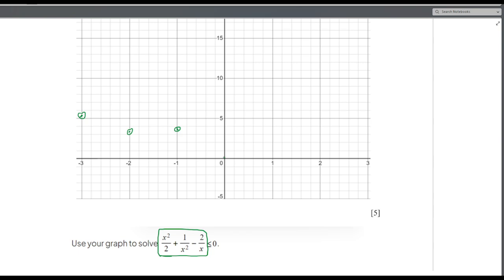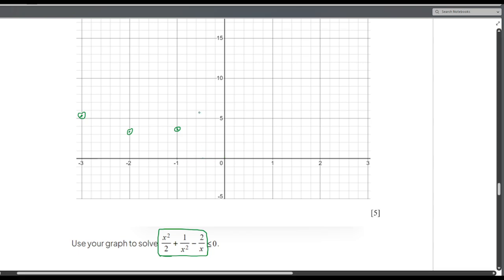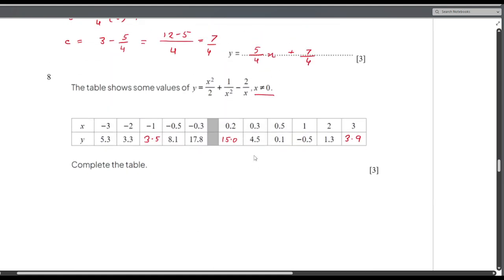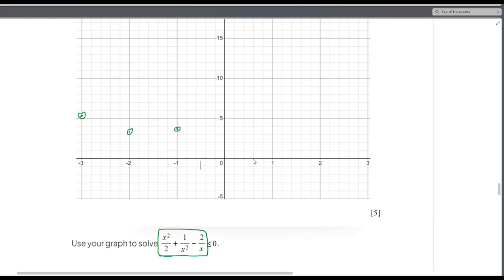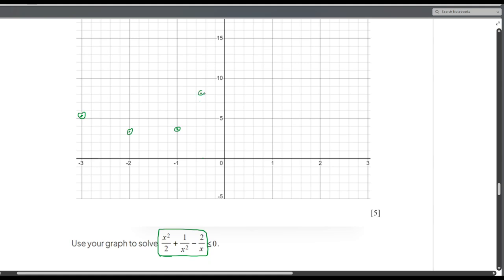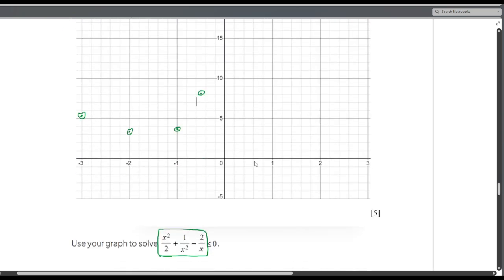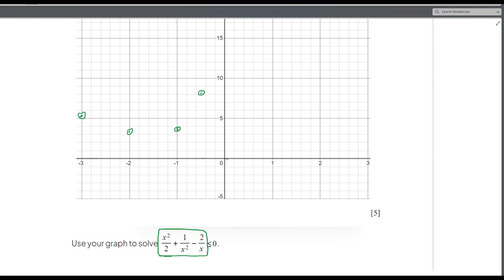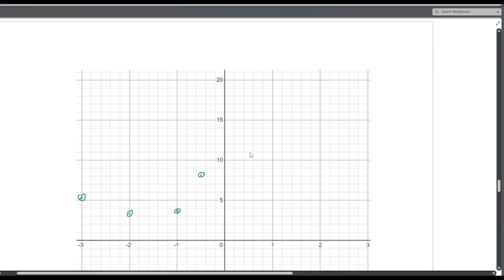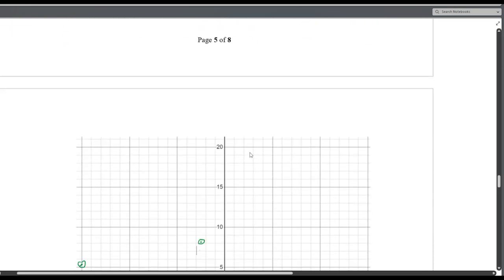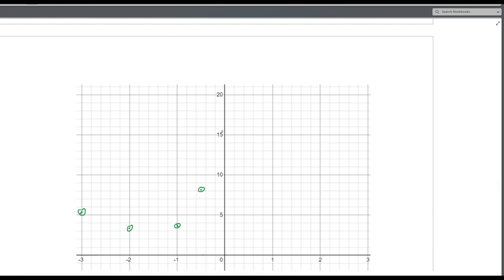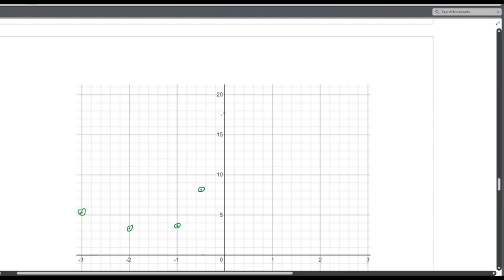Then it is 8.1 for minus 0.5. So for minus 0.5 it is 5 divisions, and somewhere here the result is 8.1. It is 5, 6, 7, 8, so 8.1 will be somewhere here. And for minus 0.3 the answer is 17.8, so 15, 16, 17, 17.8 somewhere here.